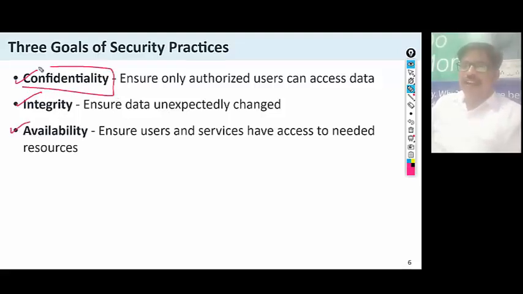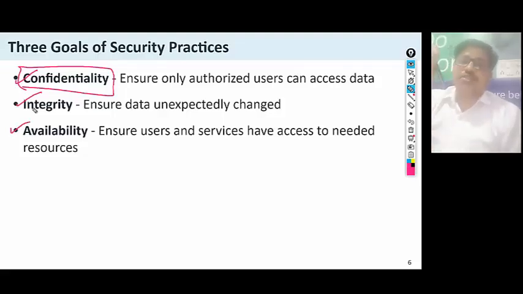Confidentiality means data must be confidential and available only to the authorized person. If you are authorized, you can see the data. If I am authorized, I can see the data, nobody else. Integrity means whenever the data is at rest, stored on a hard disk, or in transit, transmitted from one location to another, it must be protected.